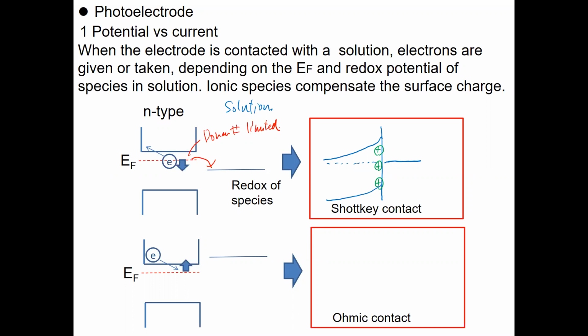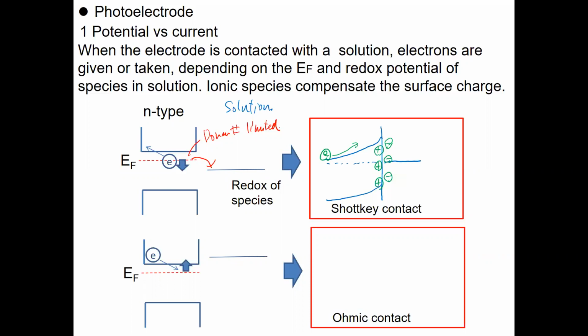And that's why at the interface, the negative species, meaning the anion species, is coming to the interface. That's what happened. So as you could see, for electrons, it's an uphill barrier here. And as we studied in the semiconductor contact, it is called a Schottky contact.